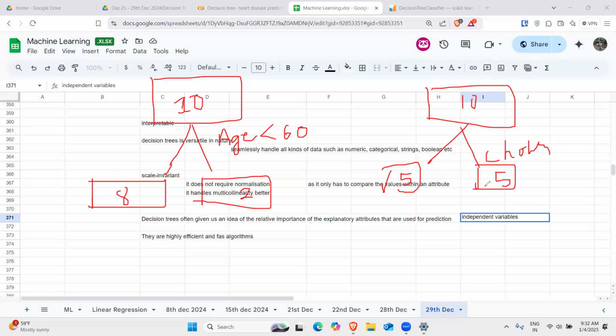So which one is more homogeneous? What do you think? Which one is good or which one is bad for our model? The splitting should be as pure as possible, right? It should be pure, it should be homogeneous.